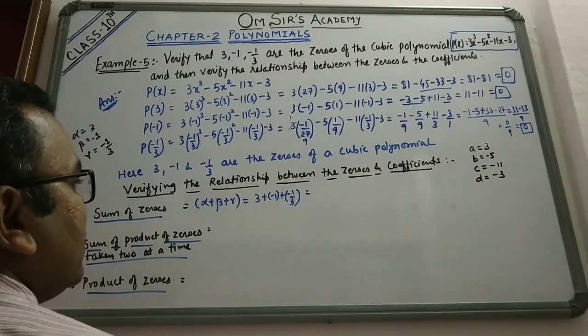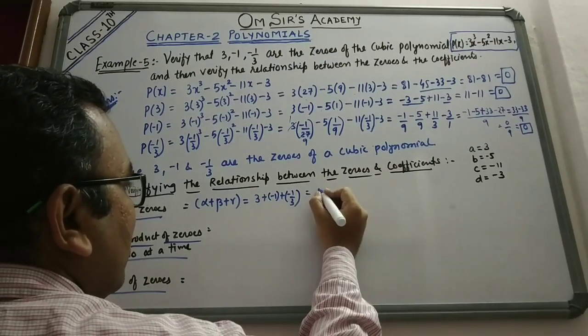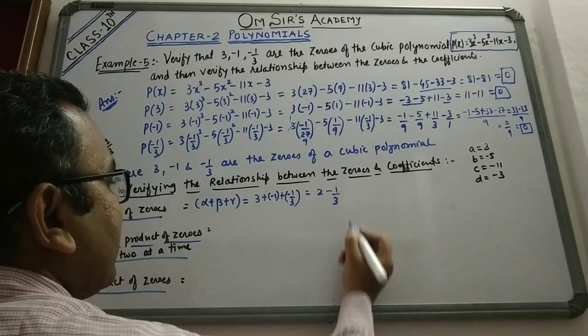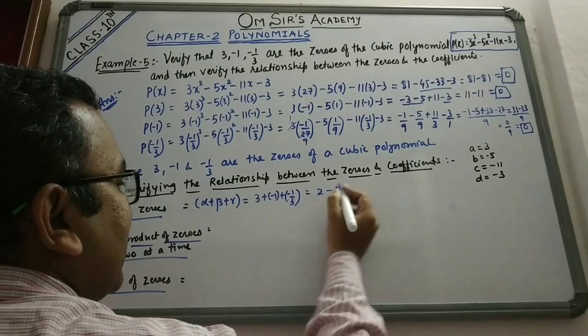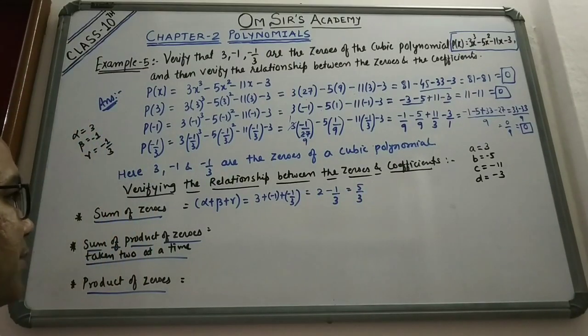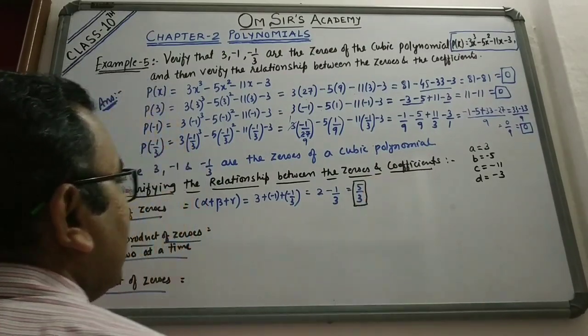So it is what? 3 plus minus 1 is what? 3 minus 1, it is 2. Okay, so 2 plus minus 1 upon 3. So if I make the LCM same, so it will be 3 2s are 6 minus 1, that is 5 upon 3. Is it clear, friends? So sum of zeros is what? 5 upon 3.